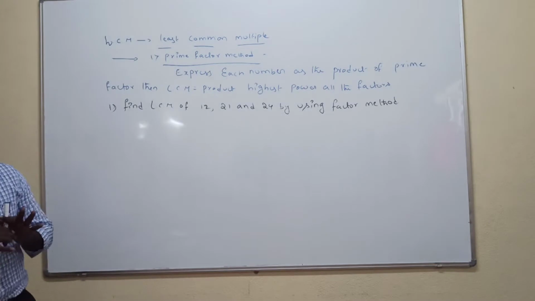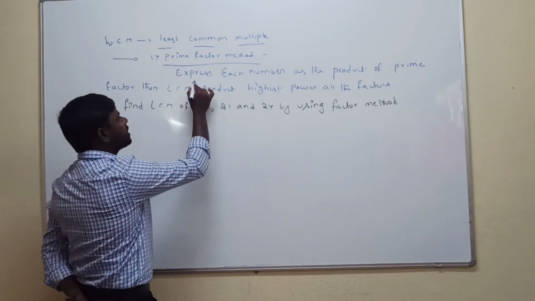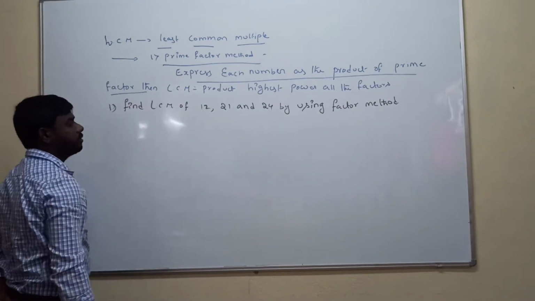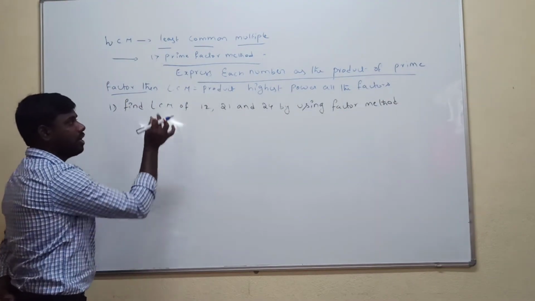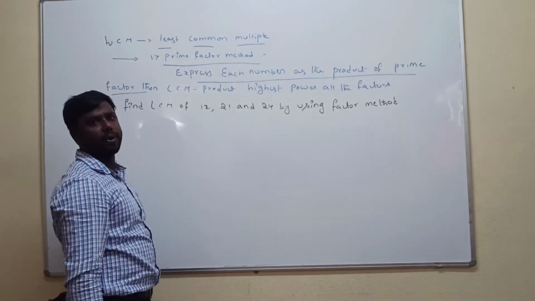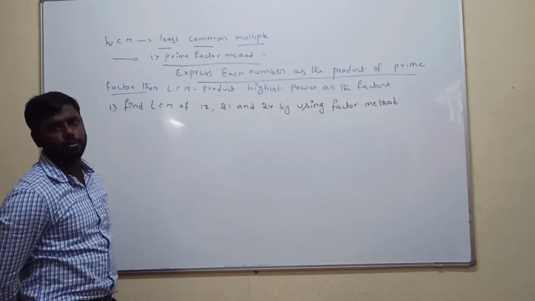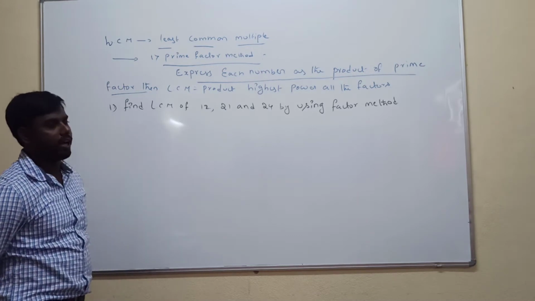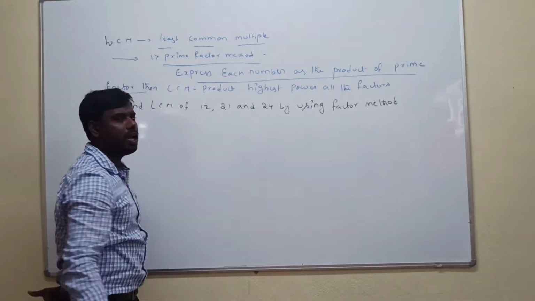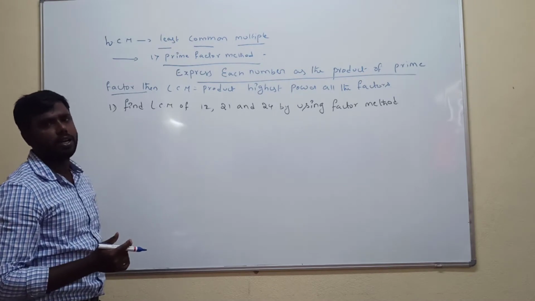The first step is to express each number as the product of prime factors. To find the prime factors of each number, we can do the division method.